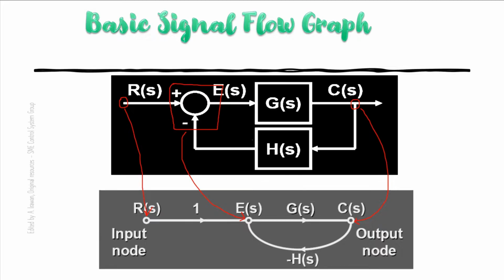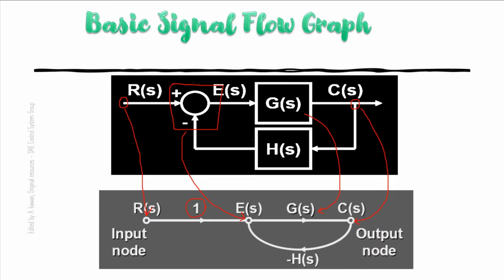Between these two nodes we have a line, and between these two nodes we have a line. For this line we don't have a block or system in between, so we just put unity as its gain. But between the E(s) and C(s) nodes we have G(s), so that's why we put G(s) here.